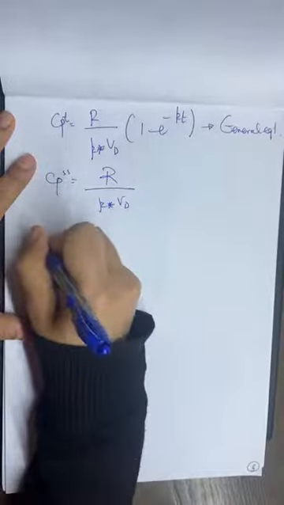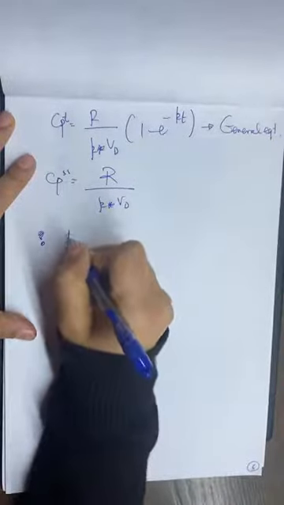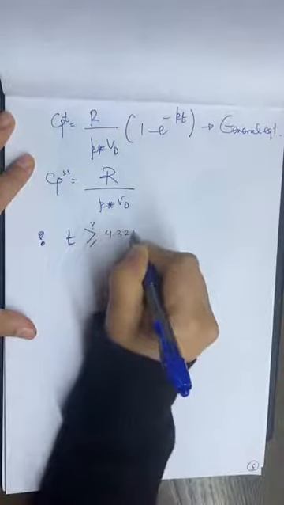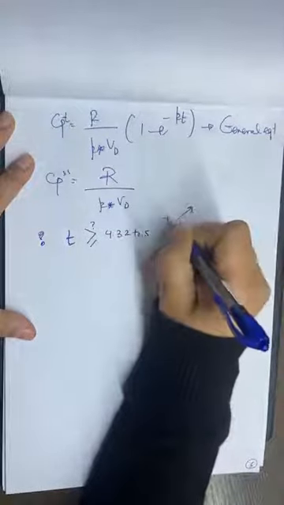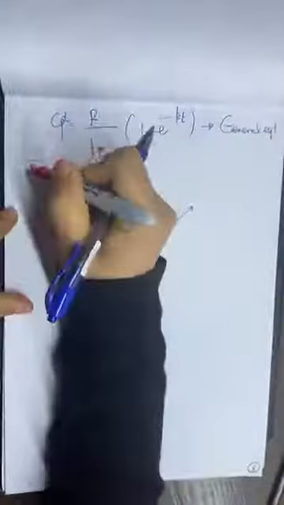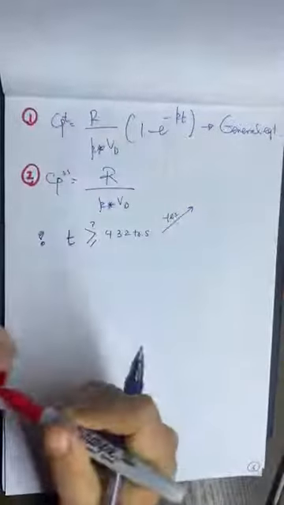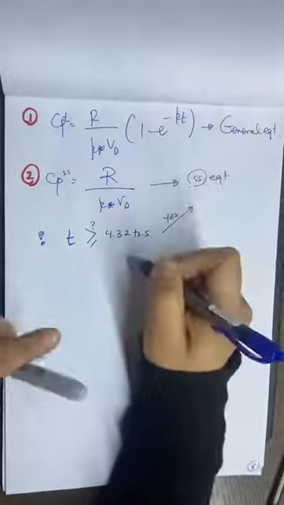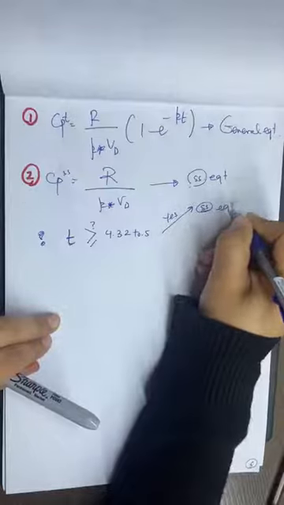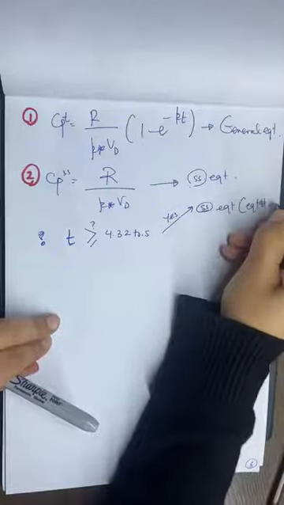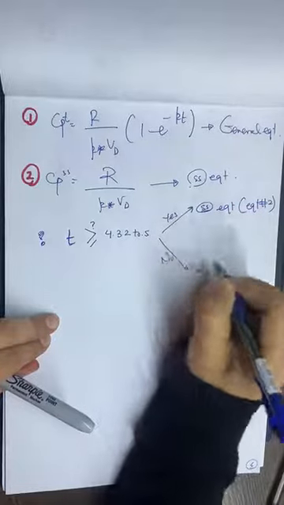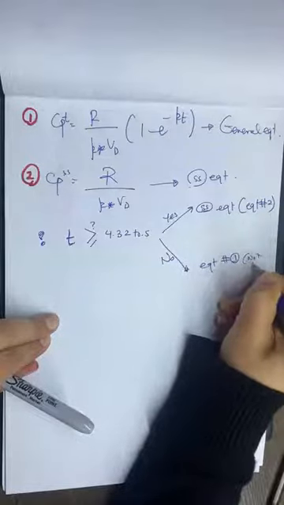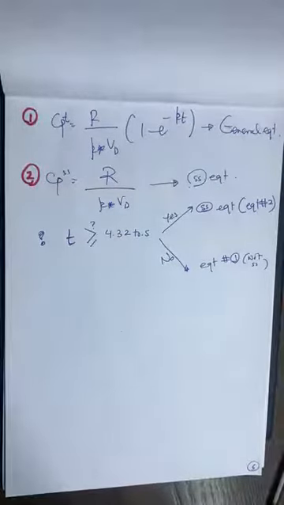So you will ask yourself the question: if the time that we mention is at least 4.32 half-lives? If yes, then we will use the steady state equation, which is equation number 2. And if not, we will use equation number 1, not the steady state equation, or the general equation.